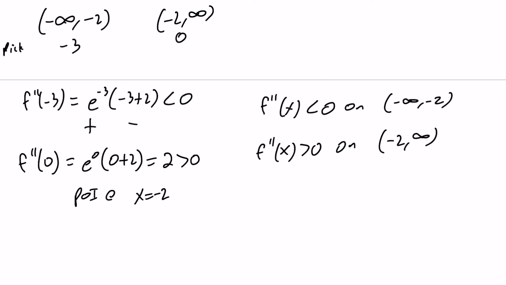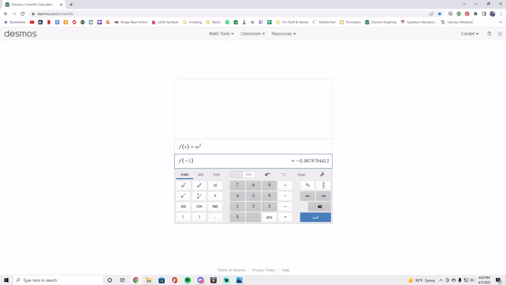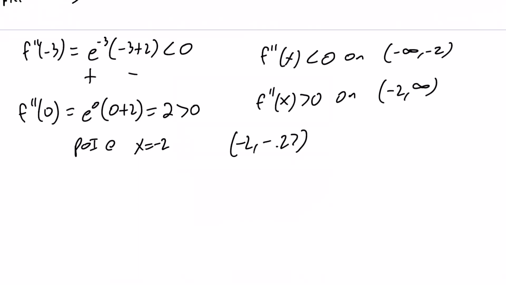Let's plot this and figure out what it is. Or by plot, I mean let's calculate. F of -2 is -0.27. All right, come back here.